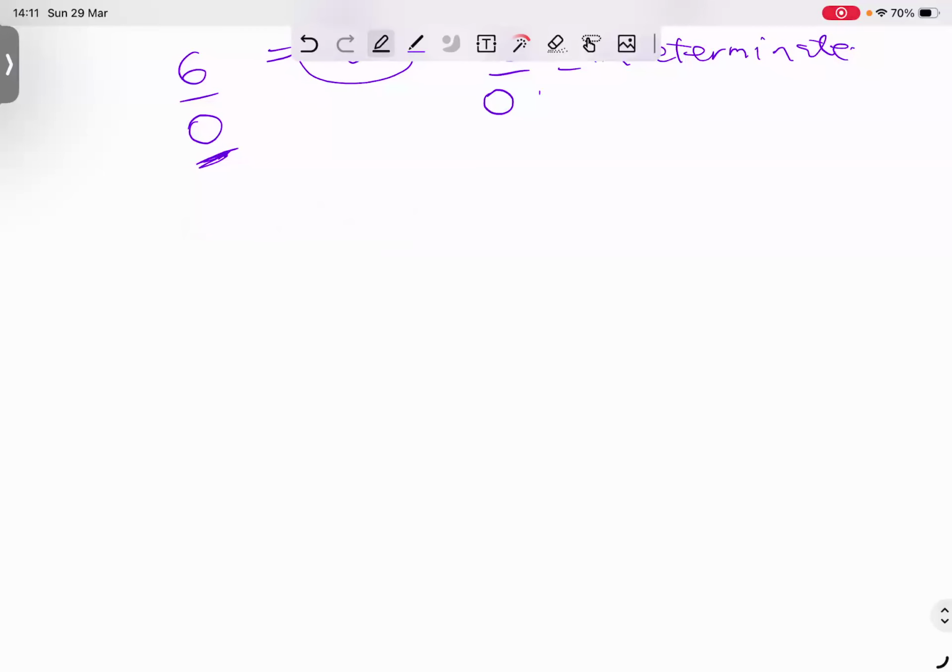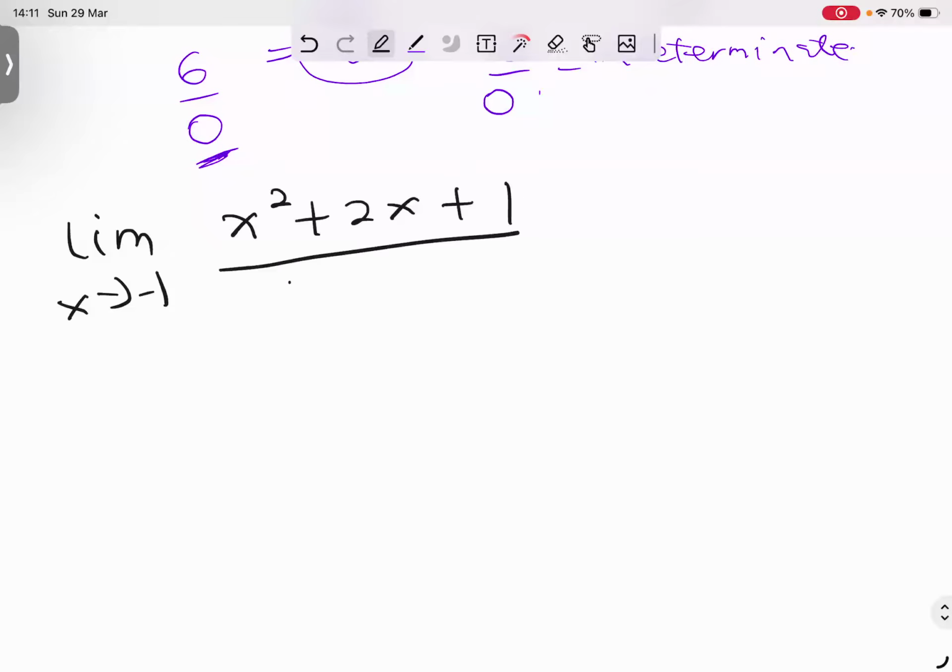All right, so let's look at the limit as x approaches -1 of x squared plus 2x plus 1 divided by x plus 1. In this limit, we have the quotient of two functions.